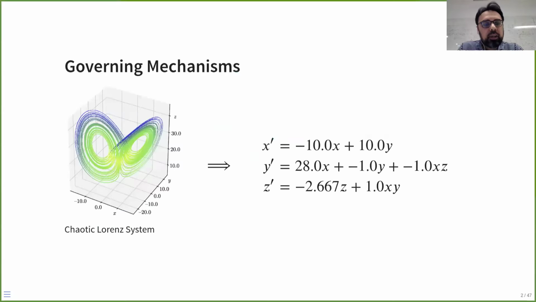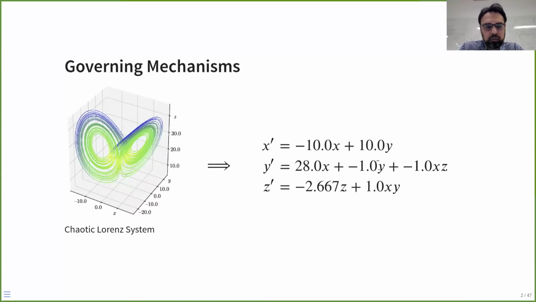All right. So the main theme of this talk and our work that I'll present is going to be governing mechanisms and how they mesh with neural networks. So the idea is that, well, you're given some spatio-temporal data, which follows some governing mechanism.